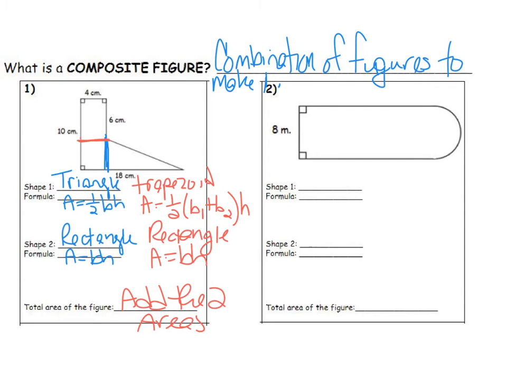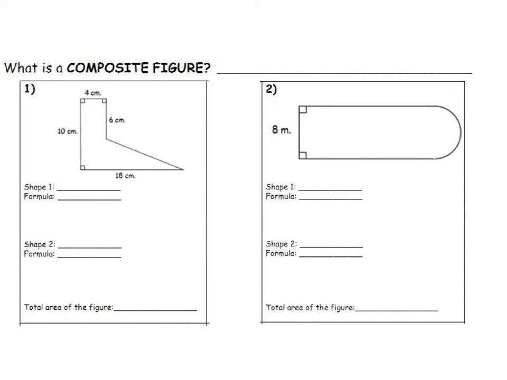So let's go ahead and find the area of the 2 shapes now that we understand the different shapes. I'm going to start with a blank page.